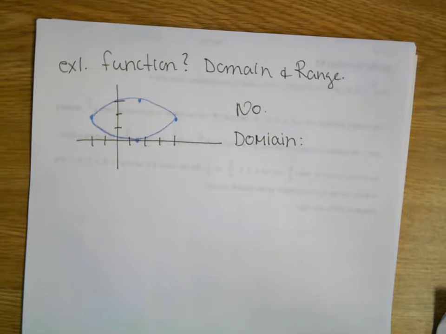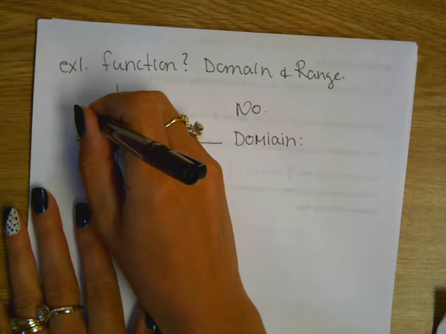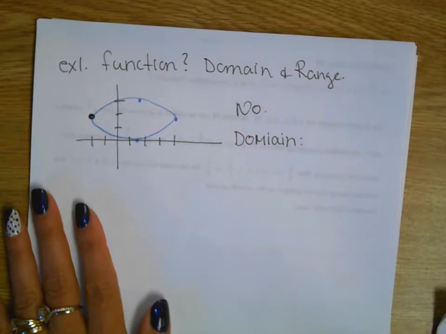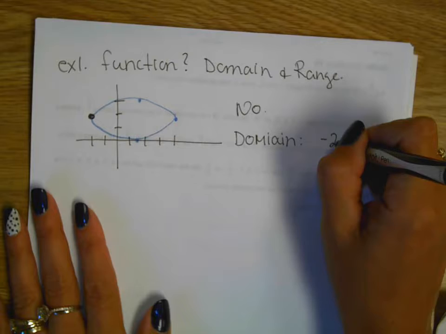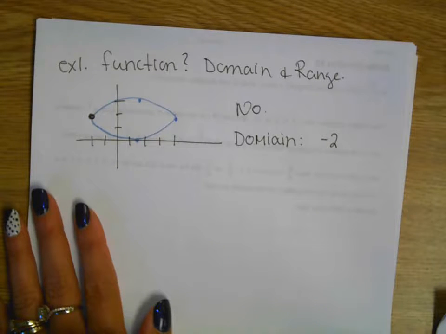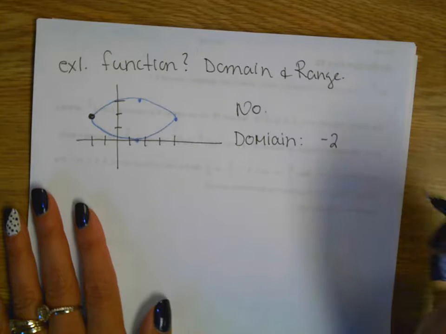So domain, we want to go left to right, and we want x values. So if I look, this is my leftmost point. What is its x value? Adam. So I'm going to start at -2. Is -2 included? Does it pass through -2? So what kind of bracket do I want?